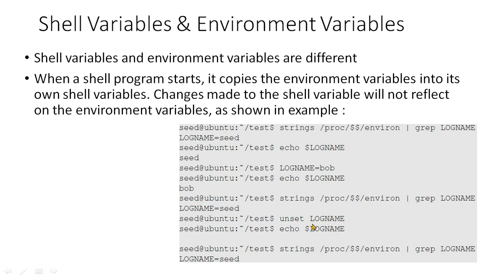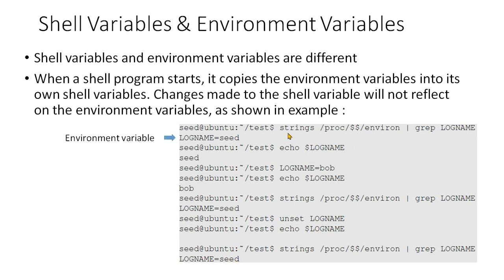So now there's no more variable named LOGNAME, but we run strings /proc/$$/environ again and grep only LOGNAME, and we still see LOGNAME is seed. So even with no more variable LOGNAME, we still have LOGNAME is seed. So what was the difference?